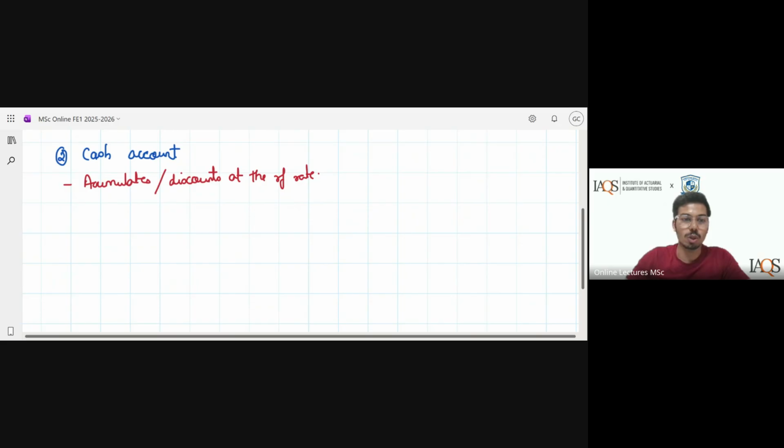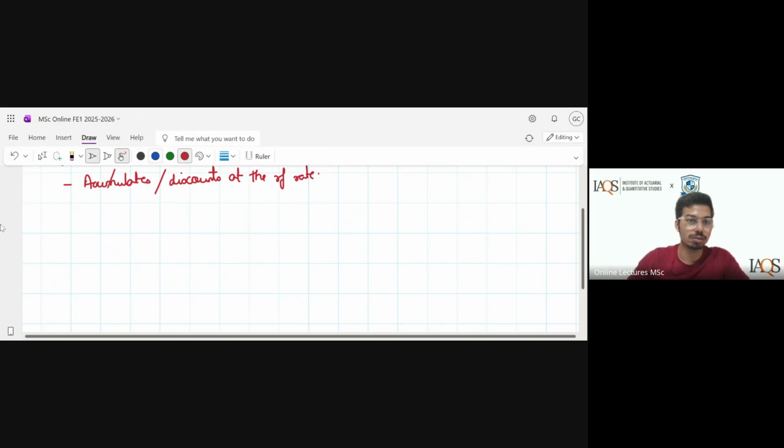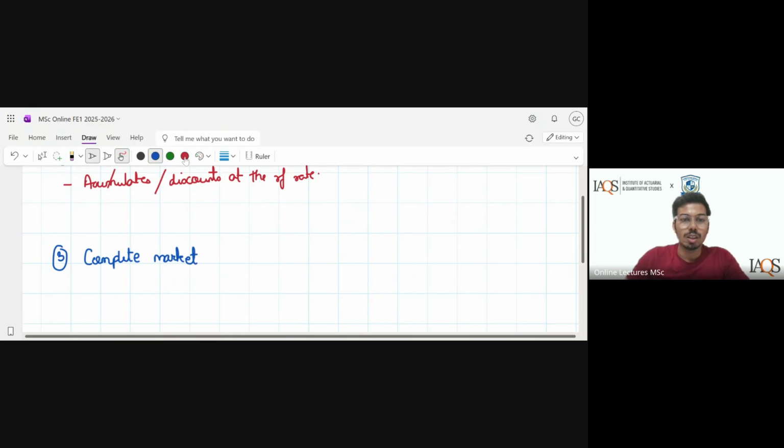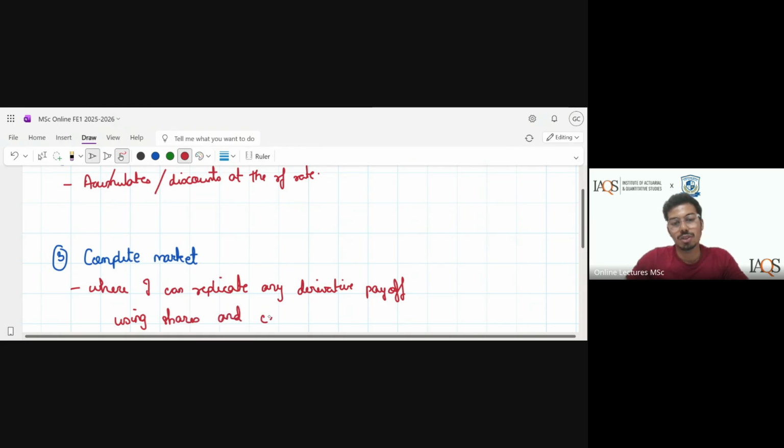Let's do the third one. Let's call that a complete market. Let me write the definition: any derivative payoff can be replicated using shares and cash.